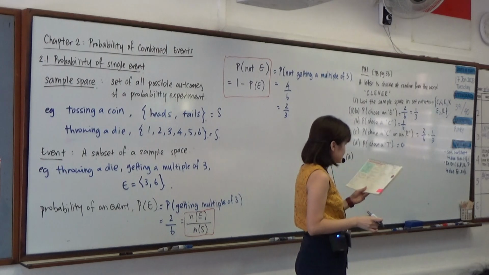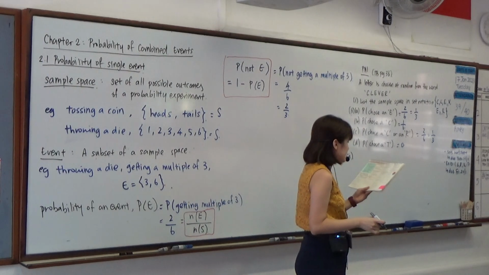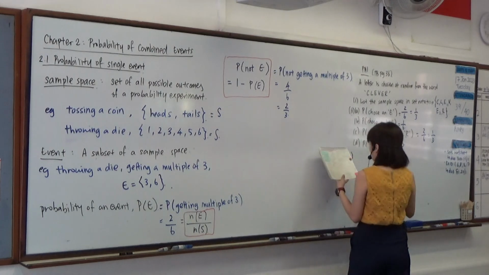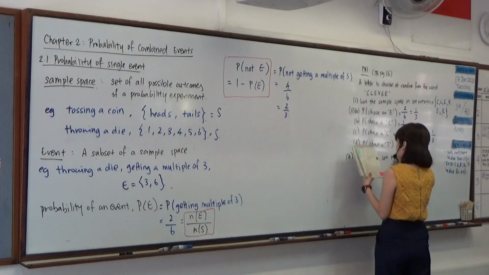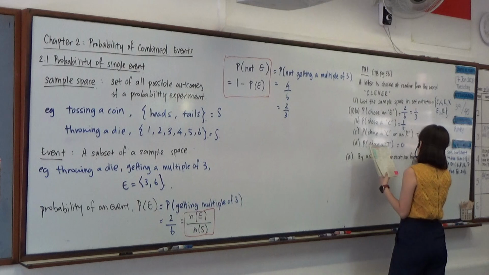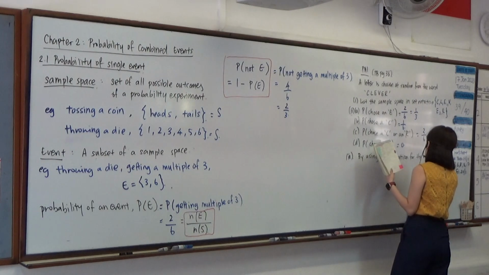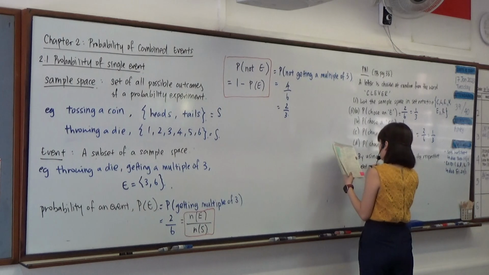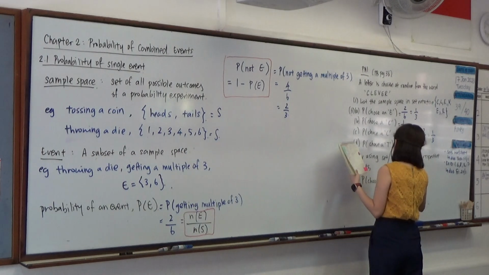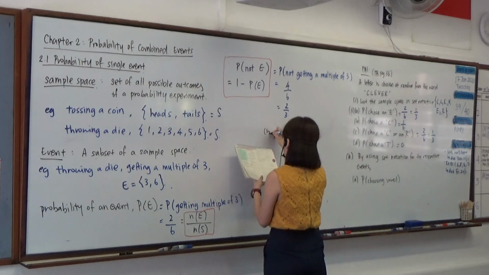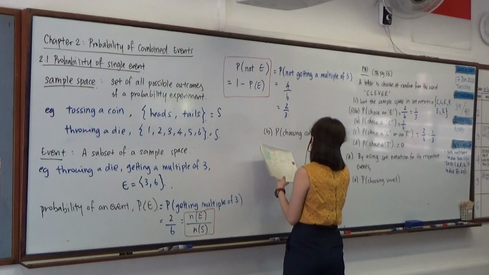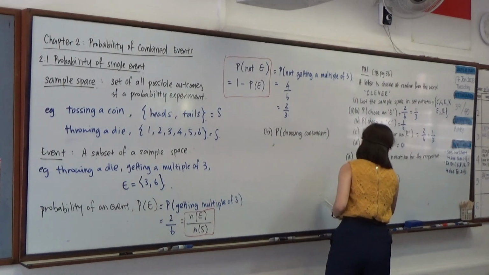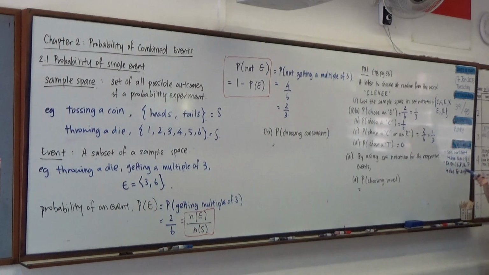Part 3 says that by using set notation for the respective events, find the probability that the letter chosen is a vowel. Let me just write down the question first. Let's understand what the question is actually trying to say.